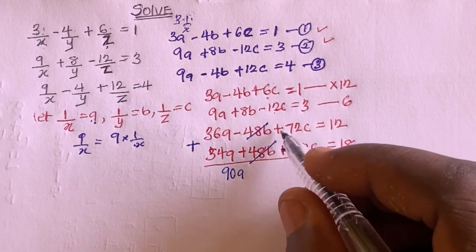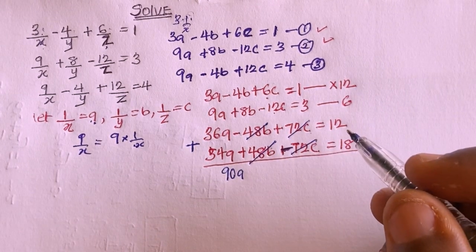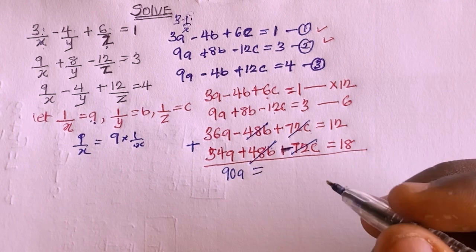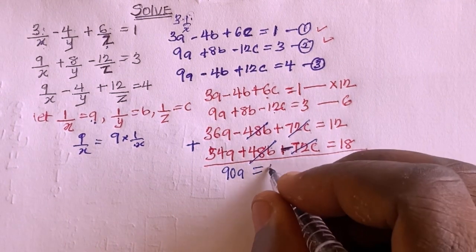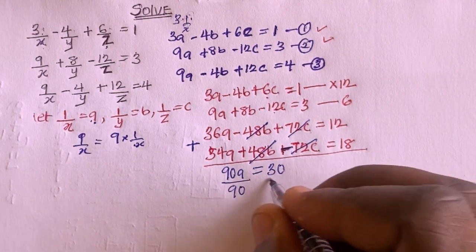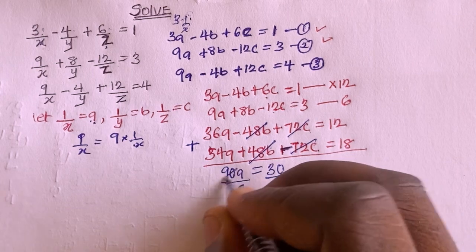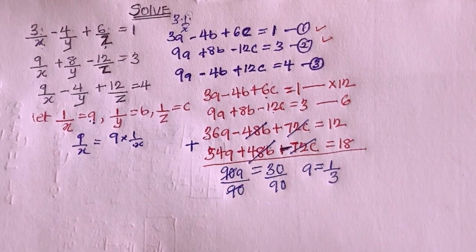Then plus 72c minus 72c also will cancel out. Then equals to 12 plus 18, that's 30. So then I divide both sides by 90, and I have a equals 1 over 3. That's the value of a.